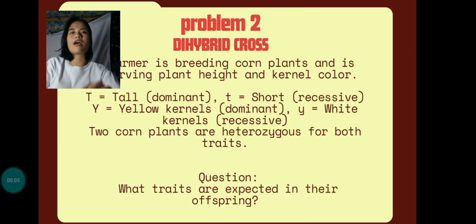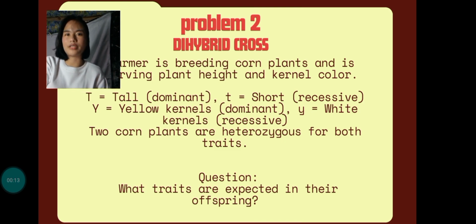So let's talk about the dihybrid cross. We have a question here: a farmer is breeding corn plants and observing plant height and kernel color. The dominant T stands for tall and the recessive t stands for short. The dominant Y stands for yellow kernels and the recessive y stands for white kernels.